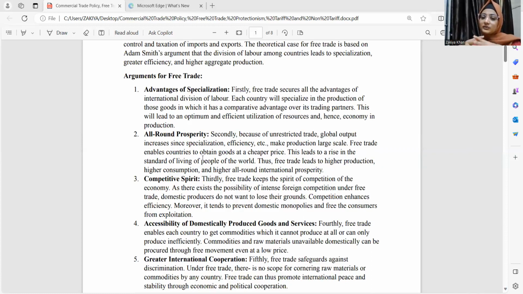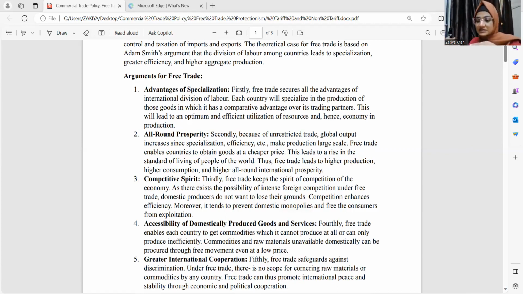But when we talk about prosperity, it does not really affect the underdeveloped country. That's one disadvantage. The policies are not in favor of an underdeveloped country, but for a developed country, it is advantageous because their economies and industries are already established.